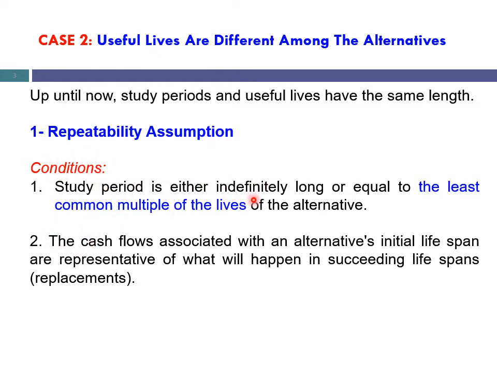Either the study period is indefinitely long, or at least it is equal to the least common multiple of the project lives, and the cash flows associated with the alternatives' useful life should be repeatable in the future replacements of the project.